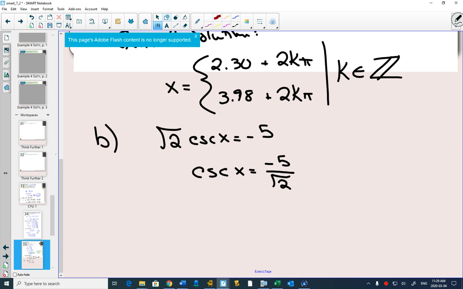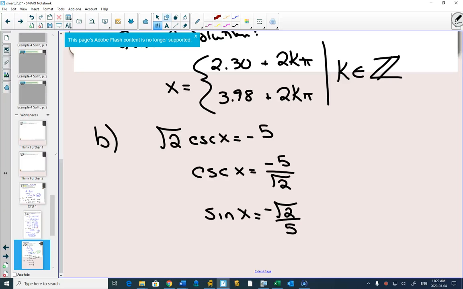So if I divide both sides by root 2, I get cosecant of x is negative 5 over root 2. Then if you have one of the reciprocal functions, you can now change it by doing the reciprocal of the answer. Notice the angle stayed the same, just the answer was flipped.